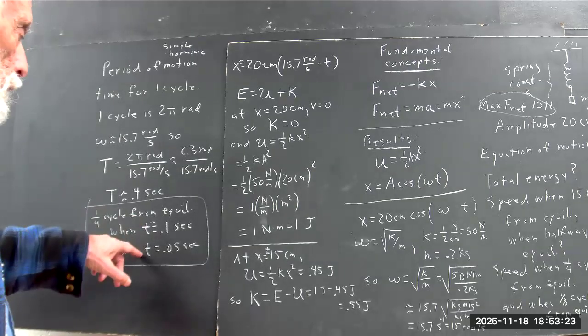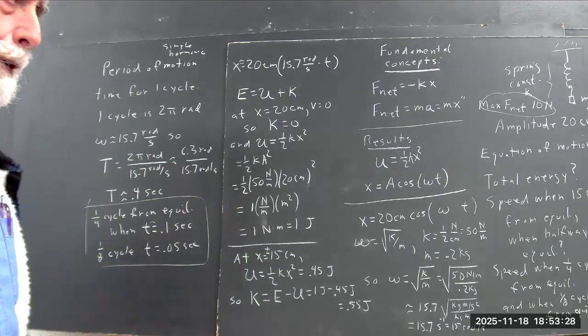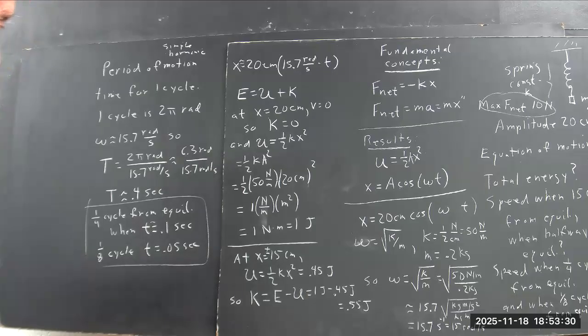We could plug those times into the formula for the velocity. So how's that going to work out? Think that one through. Obviously, what we need is the formula for the velocity.